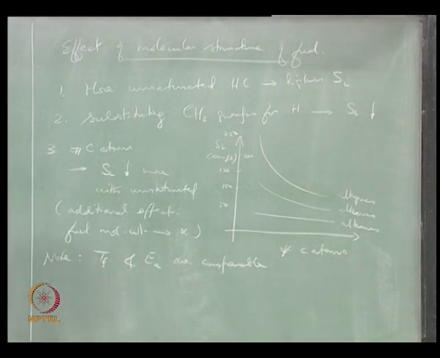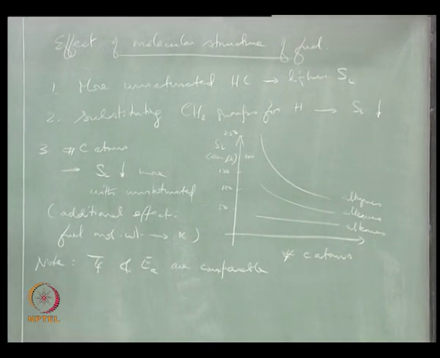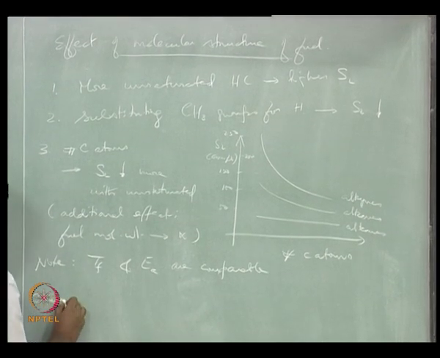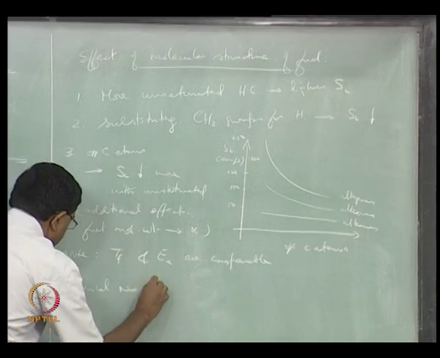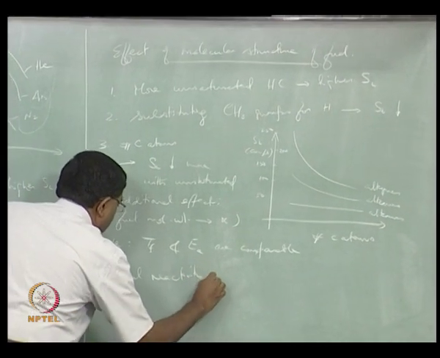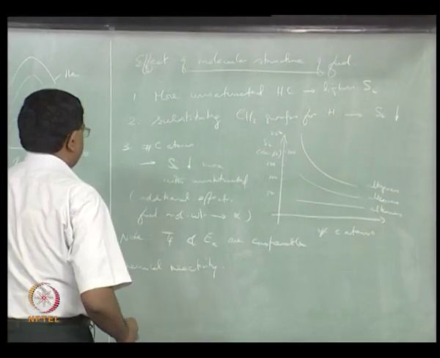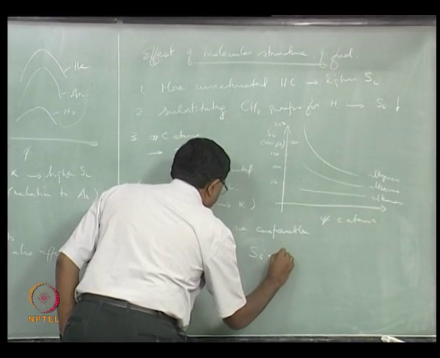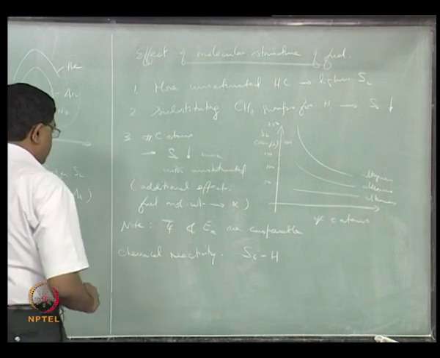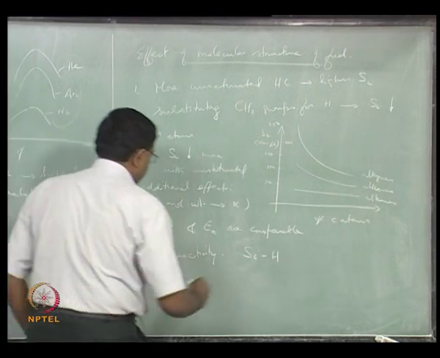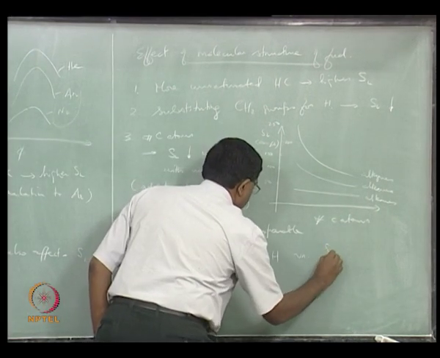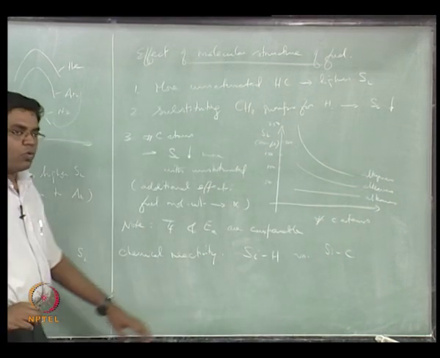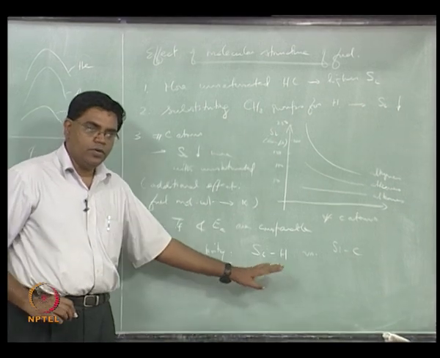Then the other last point that I would like to make is about chemical reactivity. So a good comparison that is made is, for example, if you have a silicon hydrogen bond versus silicon carbon bond, like SiH4 similar to CH4, right?